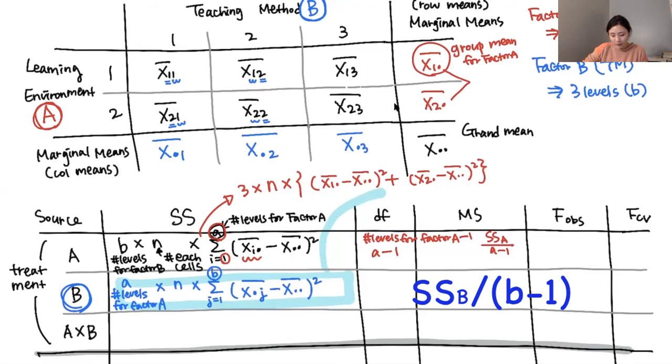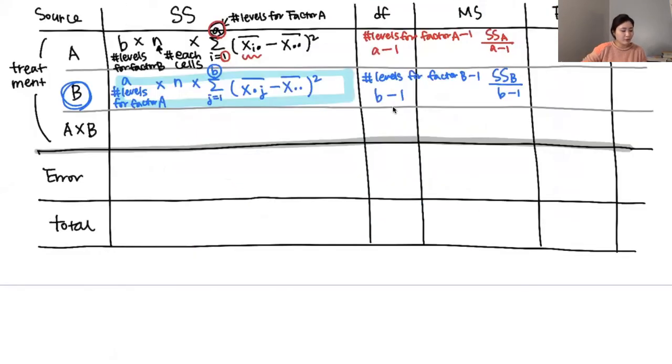And mean square for factor B is sum of square for factor B divided by degree of freedom of factor B, which is b minus 1. And for the interaction, we need to know that SS cells equals SS interaction plus SS for factor A plus sum of square for factor B. We need to know this one.